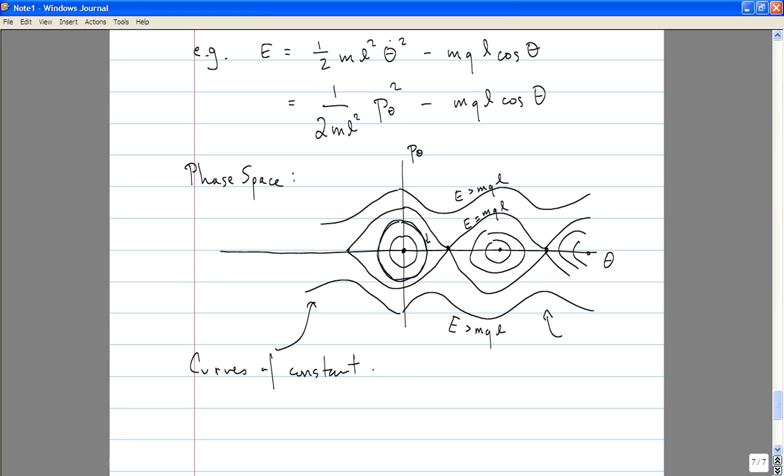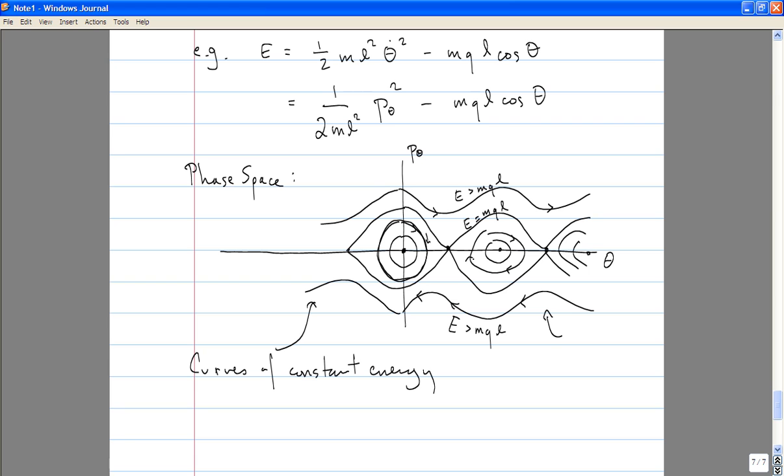And if we wanted to, we could draw little arrows along these curves which describe how the system evolves in time. So for example, on the open curve at the top, the system would evolve to the right. On the curve at the bottom, the system would evolve to the left. And for these closed curves, the system will evolve around them in a clockwise manner.